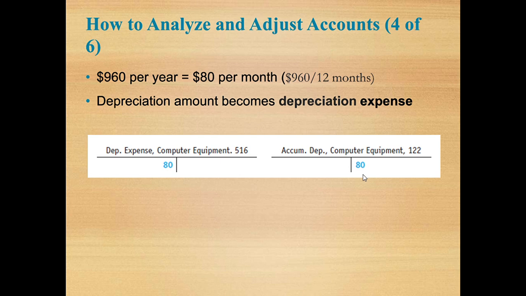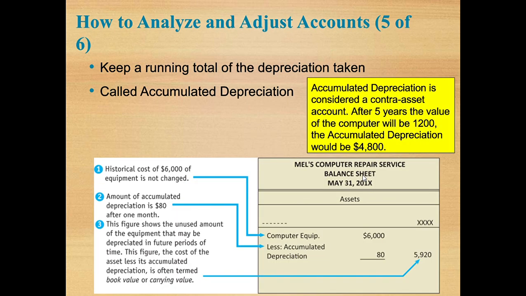So for us, we're using the straight line method, and therefore my journal entry would be that every month I would take $80 as depreciation expense, and $80 goes into my contra asset account, accumulated depreciation. Now, on this page, I wanted to show you that accumulated depreciation is shown on the balance sheet.